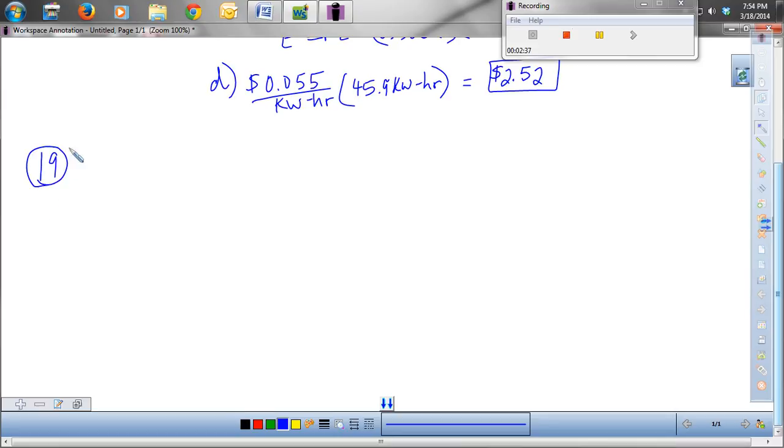Number 19 was about a capacitor. So you have to go back and remember that we know that the charge on a capacitor, Q, is equal to CV. The capacitance was given to you as 2.50 picofarads, which is 10 to the minus 12th. And the voltage that it was charged to was a 12-volt battery.